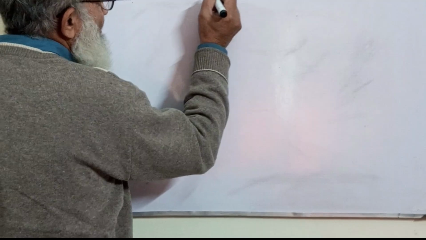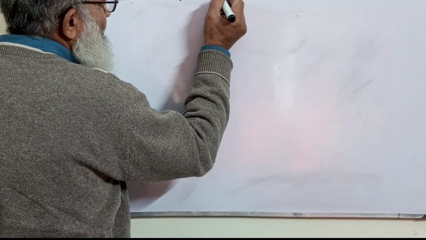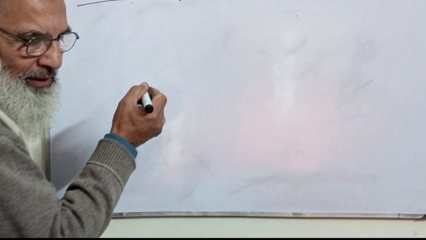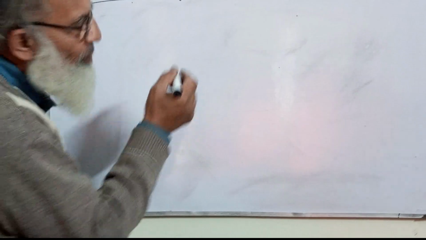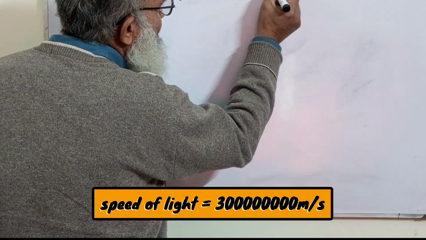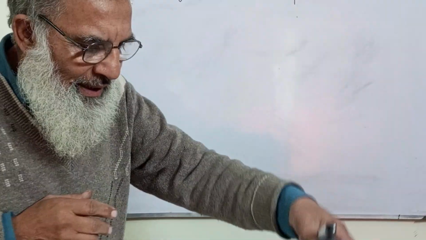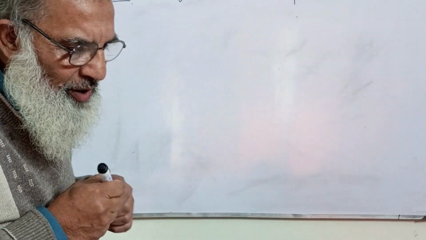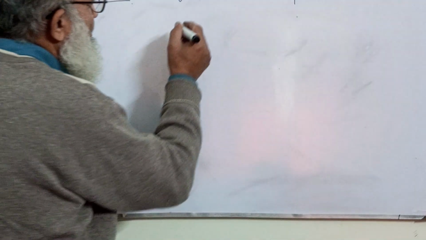V is equal to 3 into 10 raised to power 8 meters per second. And the sun is about 144 million kilometers away.